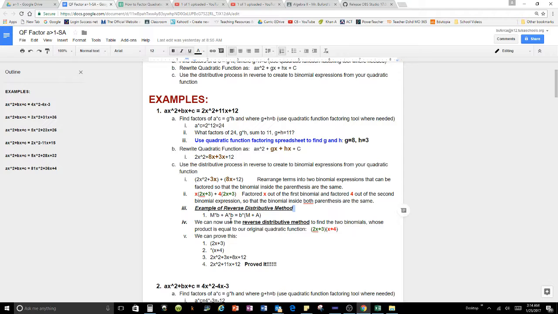That's what the B's represent. And then M would represent x here. A would represent 4 here. Okay? And so what we could do is we could factor that B out so that B is basically being multiplied by what's remaining, which is M plus A. And so again, that's what we have here.